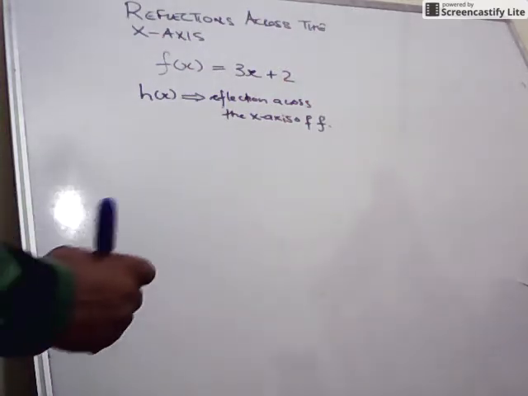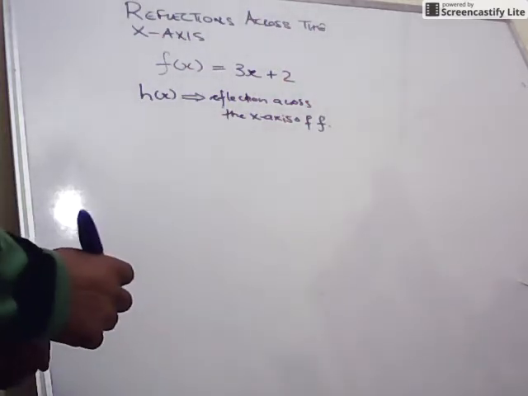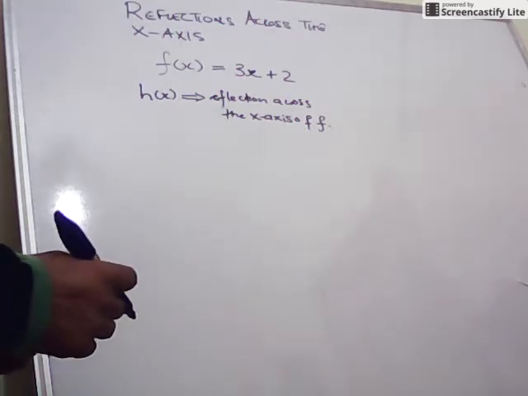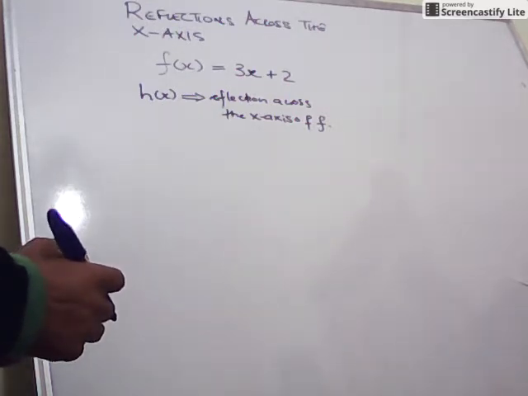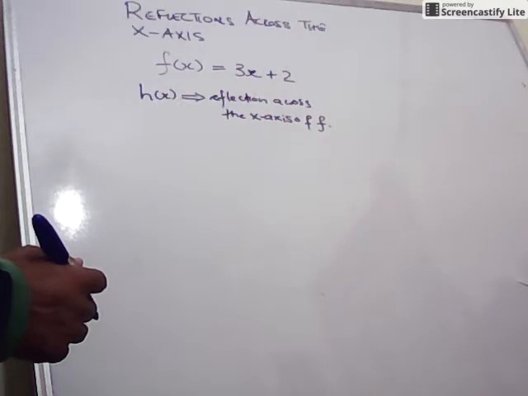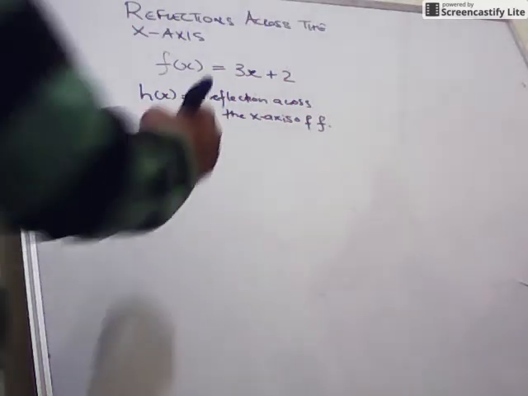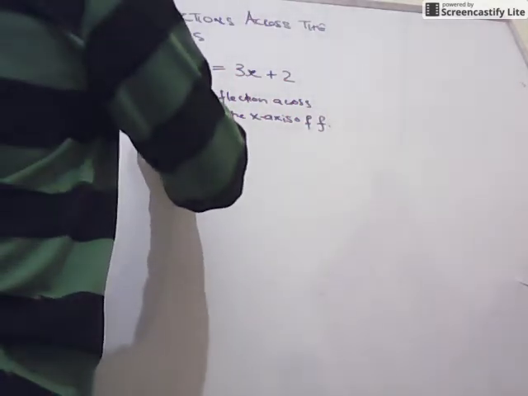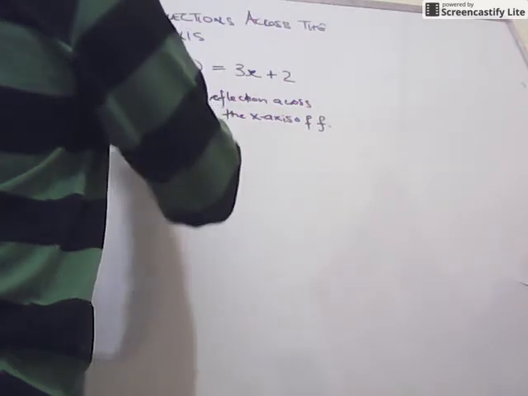Remember what we've just visualized? That my x values remain unchanged and my y values experience a change in sign. So let's find the equation of my reflected function.